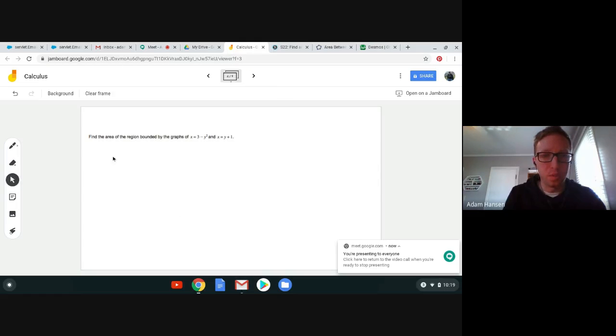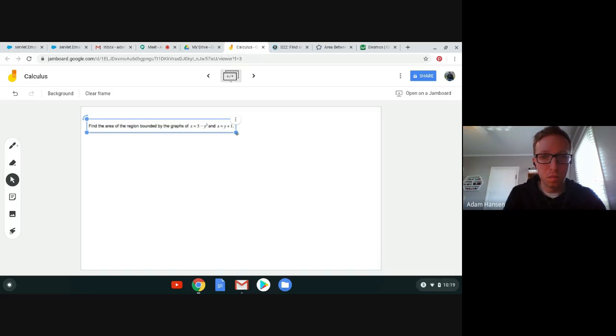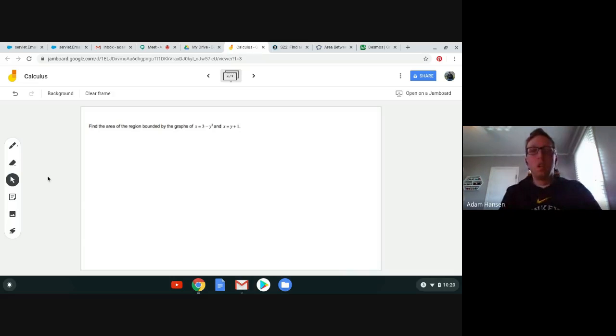On this question, we're asked to find the area of the region bounded by the graphs of x equals 3 minus y squared and x equals y plus 1.